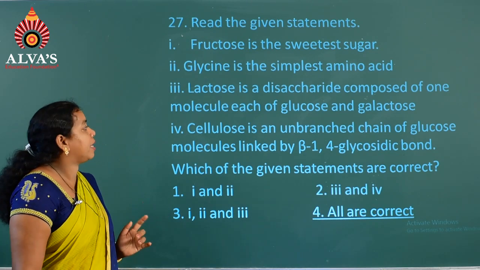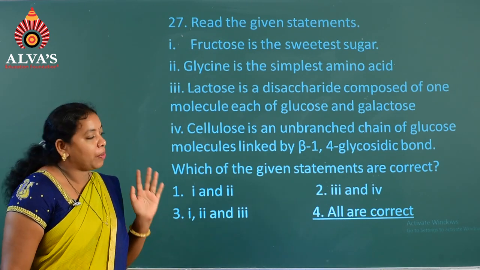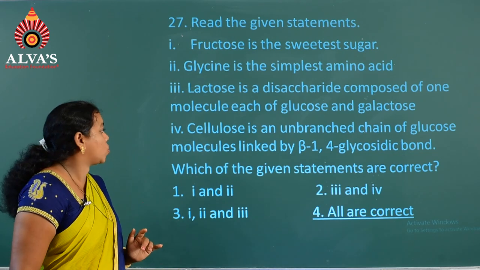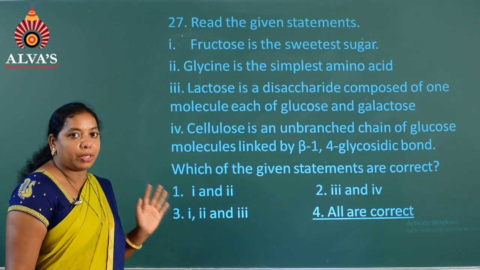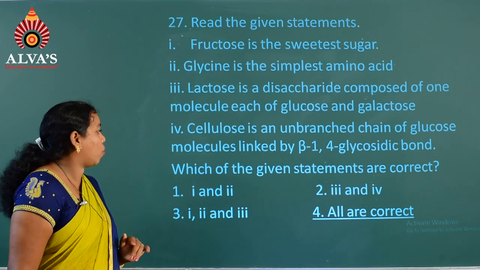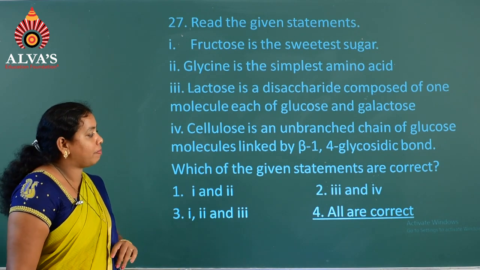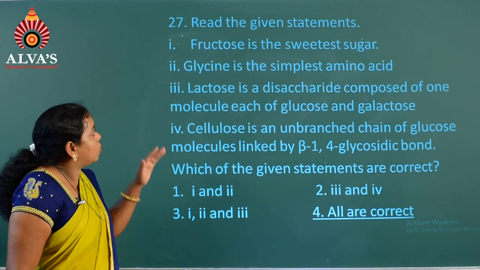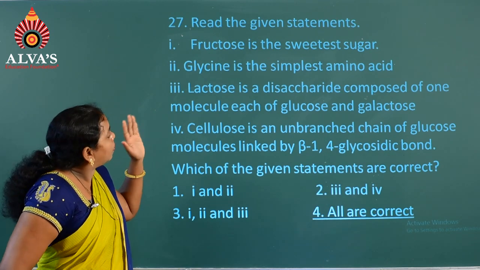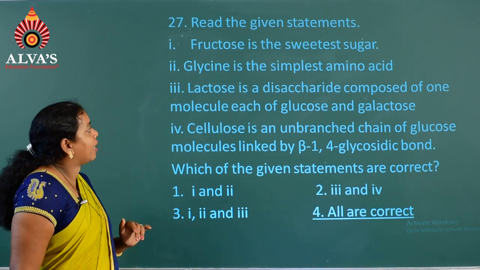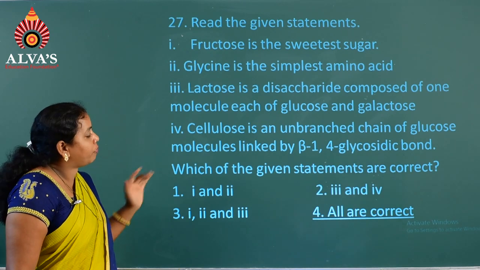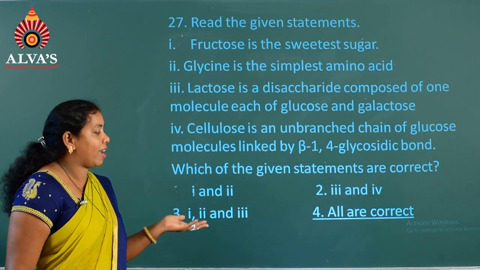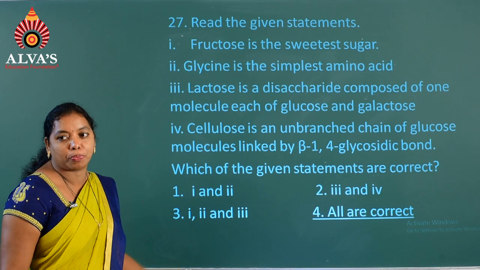And the fourth one is cellulose is an unbranched chain of glucose molecules linked by beta 1 to 4 glycosidic bond. Which of the given statements are correct? When we go through all these 4 statements, we can easily identify that all the 4 statements are correct, and the answer is all are correct, option 4.